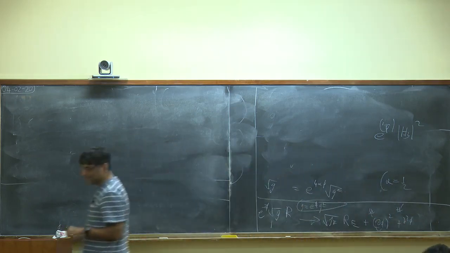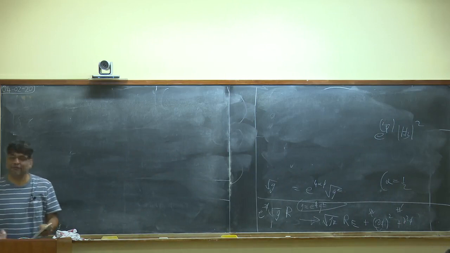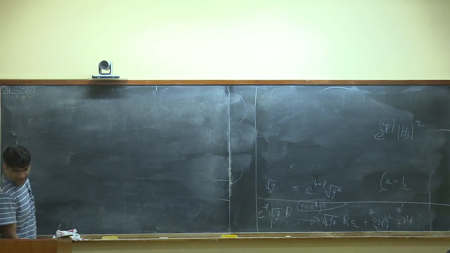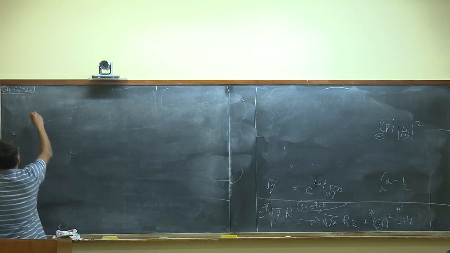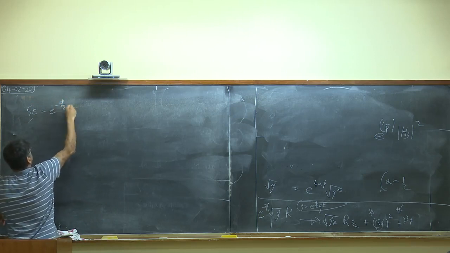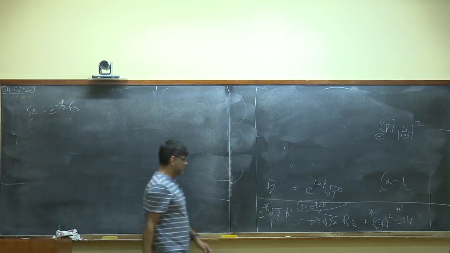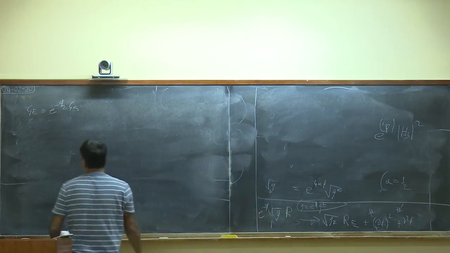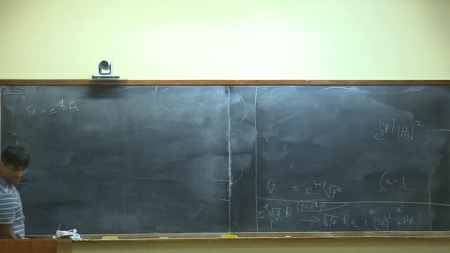And then the claim is that there is this really crazy, wacky way of writing the Lagrangian, which is equivalent to what I've written down. And that is this. As we've said, G Einstein is equal to e to the power minus phi by 2 times G string. That was just taking this here. Okay? And then we'll also define these crazy things.